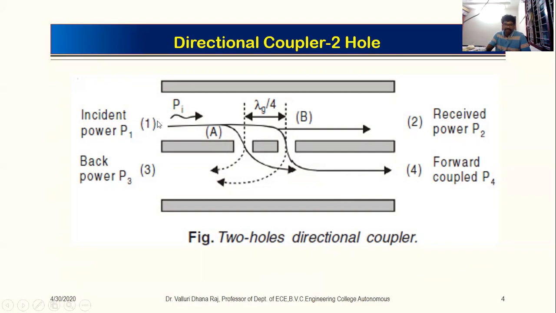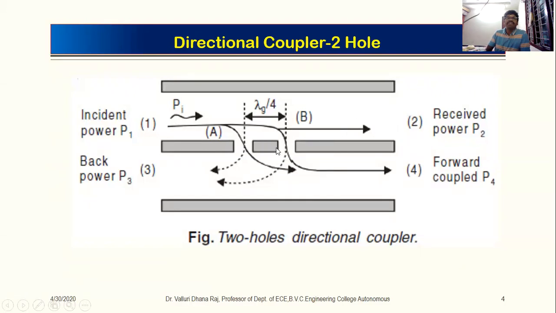In this, port 1 is considered as the incident port, and port 2 as the received port. These two are in the primary waveguide, and port 3 and port 4 are in the secondary waveguide. So the wave incident at port 1 will travel in this direction.